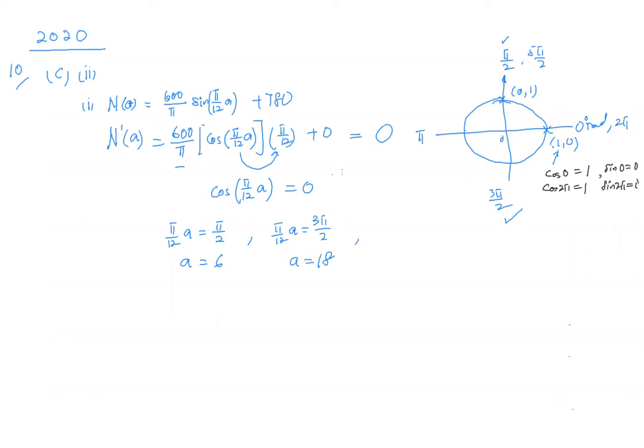Then go second round. Pi by 12a equal to 5 pi by 2. We see can or not. So my a equal to 30. So cannot, correct? Because it's within 24 hours. So it's on Monday, 6 a.m., 6 p.m., and Tuesday, 6 a.m. That's how you answer the question.